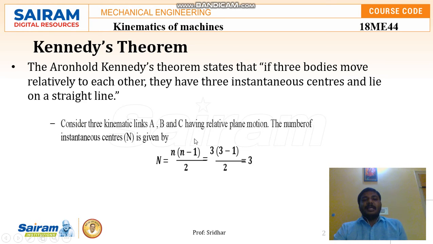Now consider three kinematic links A, B and C, which have a relative plane motion.